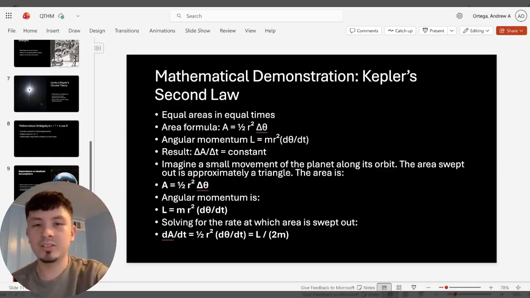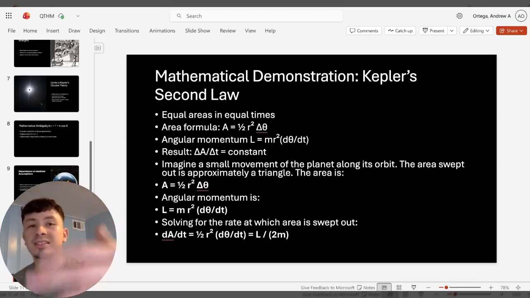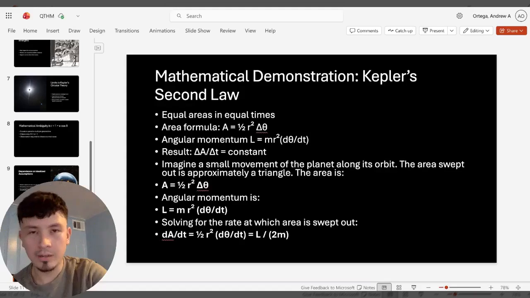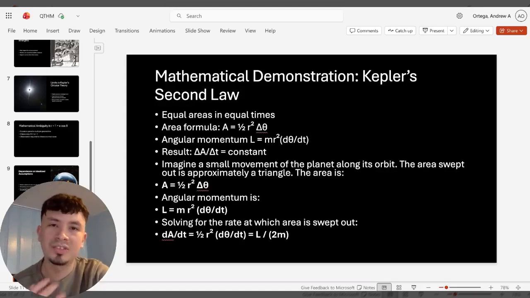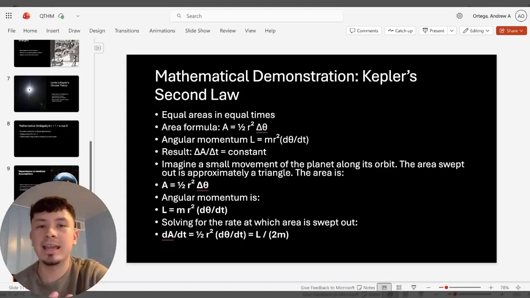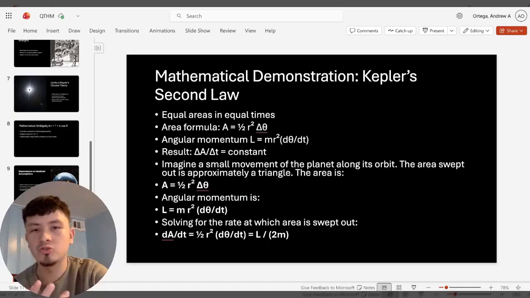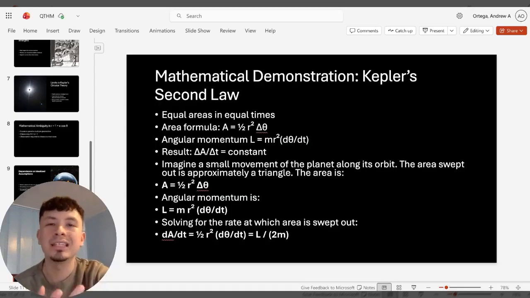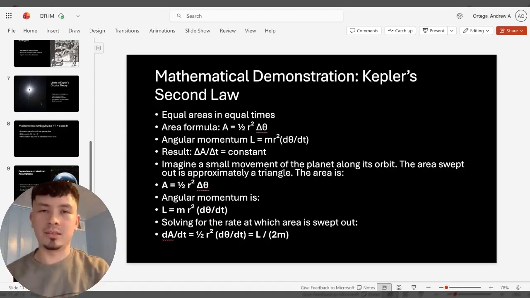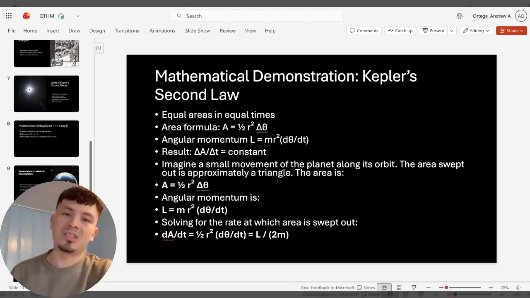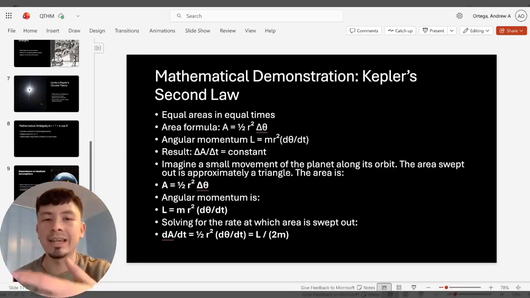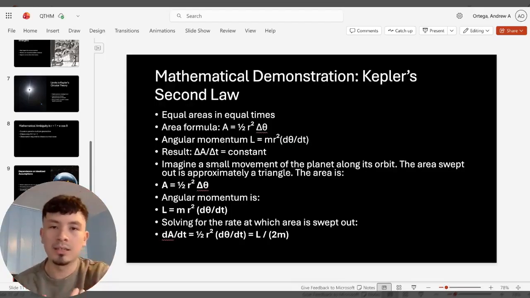So let me explain this. I'll demonstrate a simplified proof of Kepler's second law, which states that the line joining a planet and the sun sweeps out equal areas in equal times. Let's imagine a small movement of a planet along the orbit, where the area swept out is approximately a triangle.